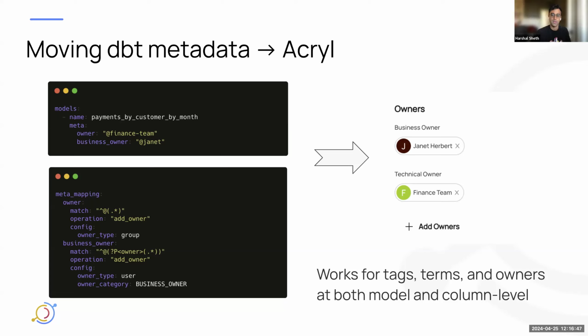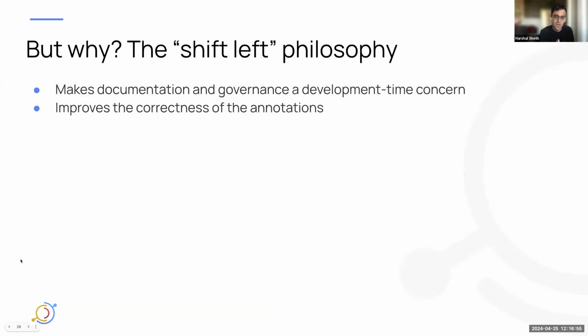So that's great. Maybe a quick question, Maggie, next slide, is why do we want to do this? The overall reason that we care to define these annotations in DBT and then sync them into the catalog, into DataHub, is around what we call the shift left philosophy.